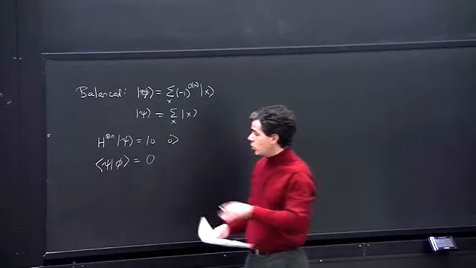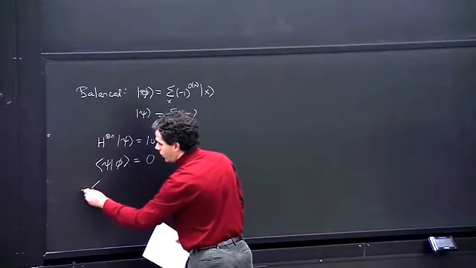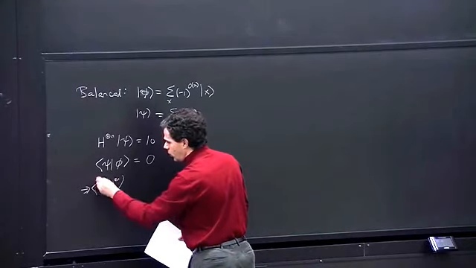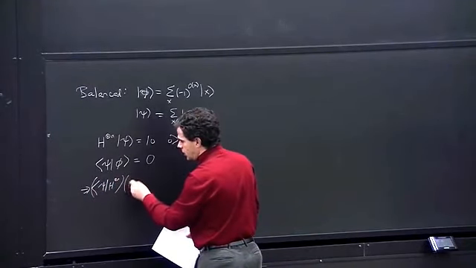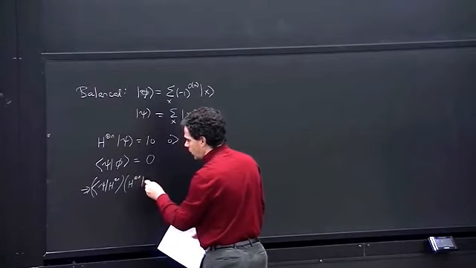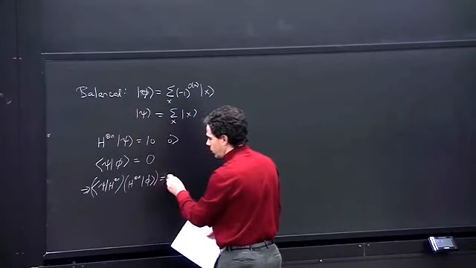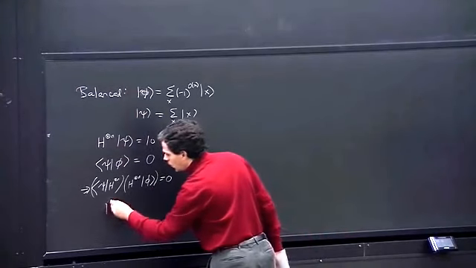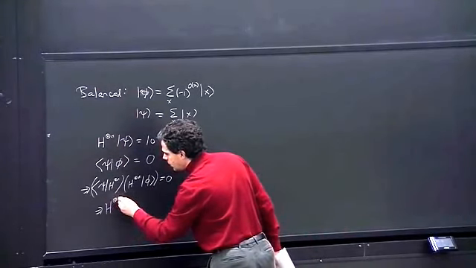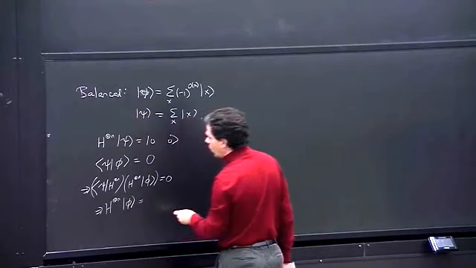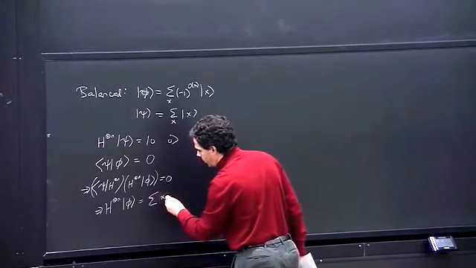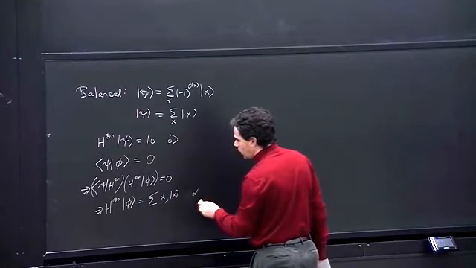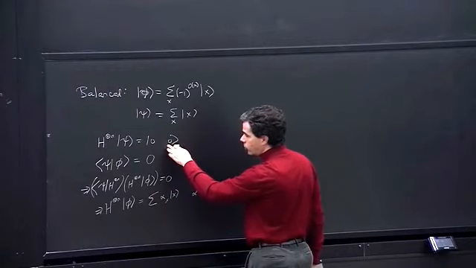Okay? And what that means is that unitaries preserve the inner product. So the inner product between h applied to psi and h applied to phi is also 0. And in particular, h applied to phi, well, it's going to be something of this form. But we know that it has inner product 0 with this thing.